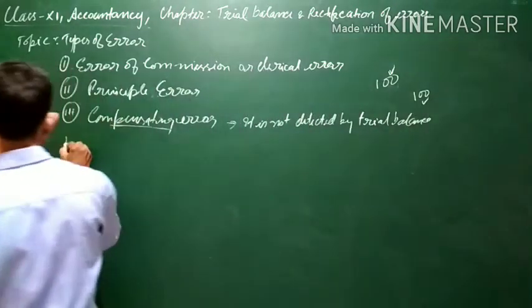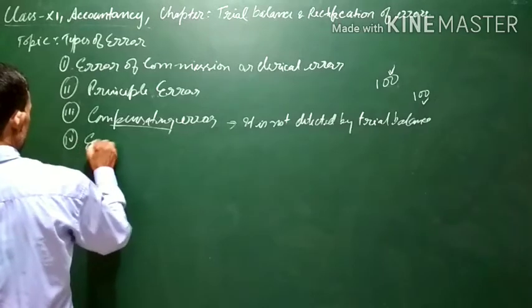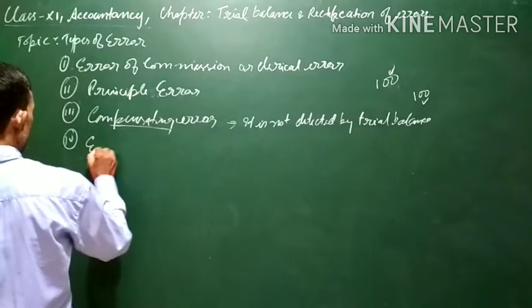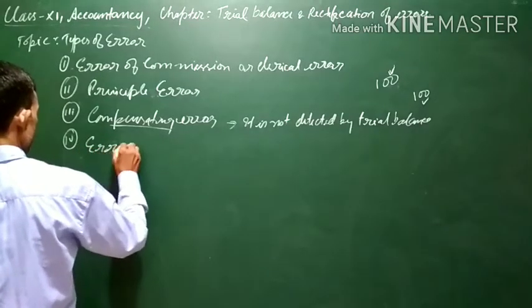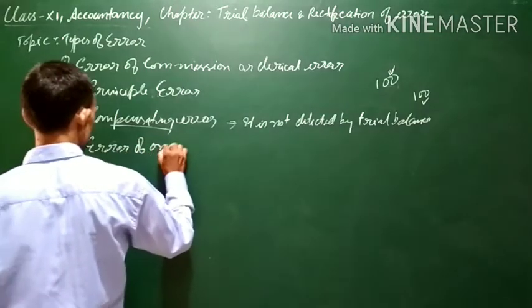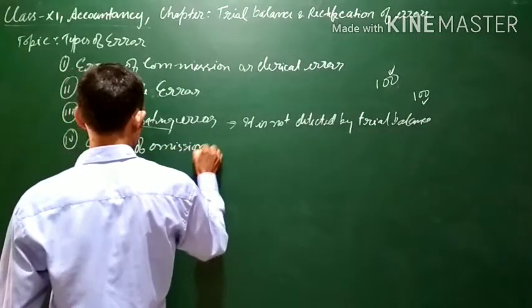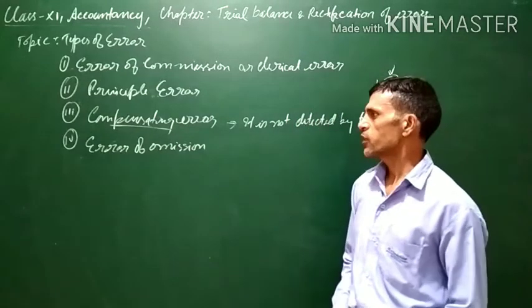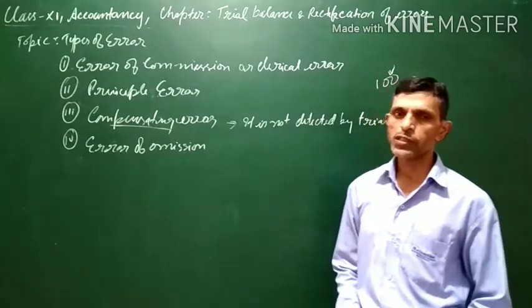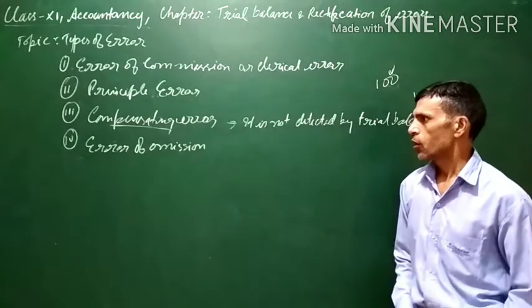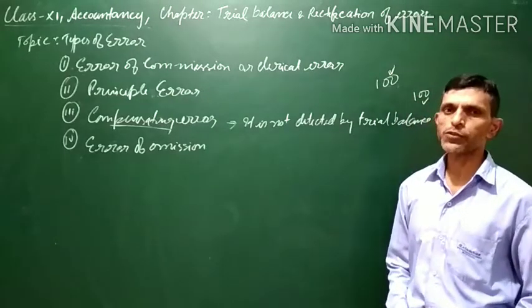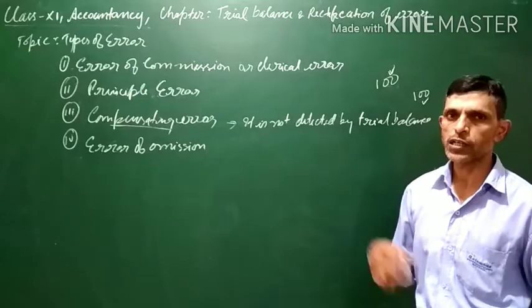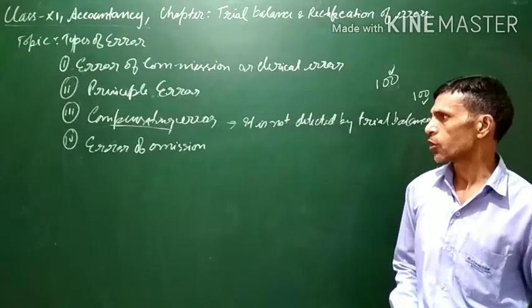Fourth and the last is the error of omission. In this type of error, there is an omission, meaning somewhere some entry has not been recorded, or one aspect of the transaction has been recorded and the other aspect has not been recorded.